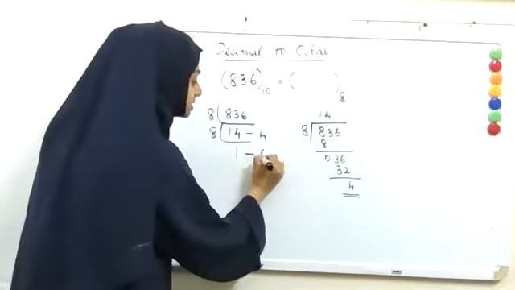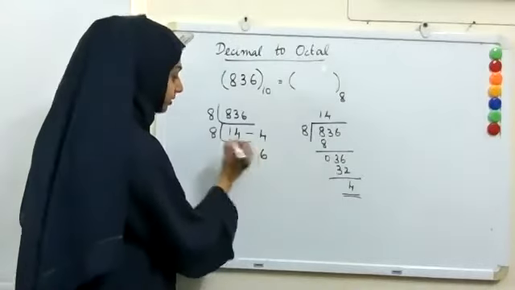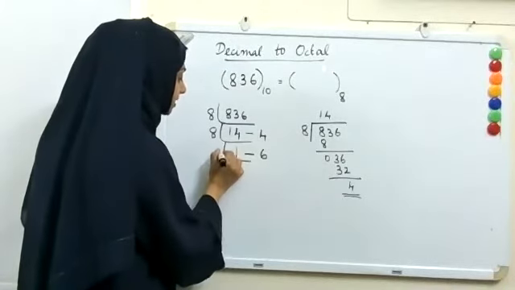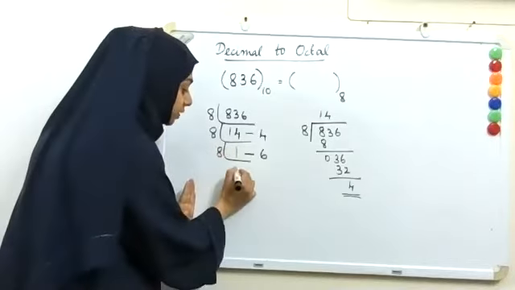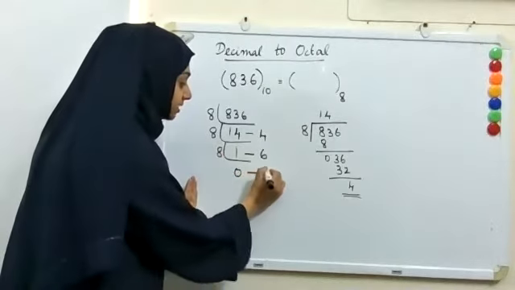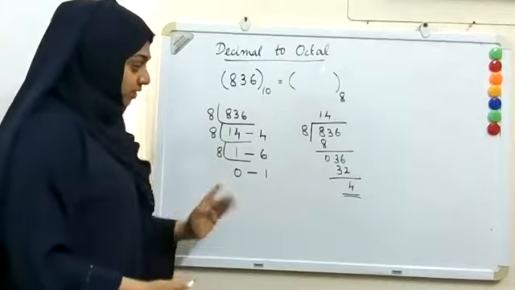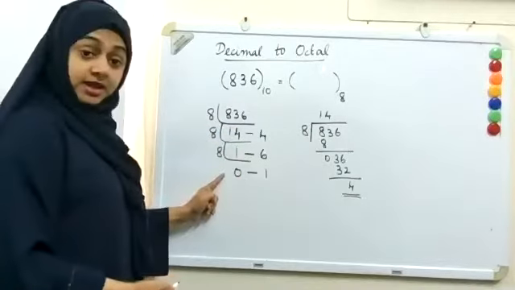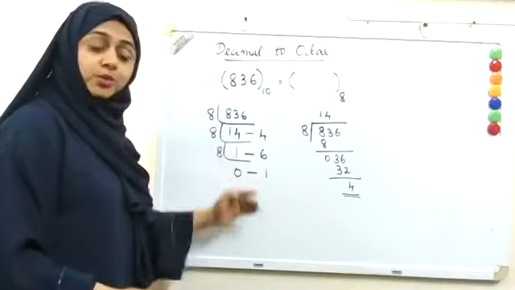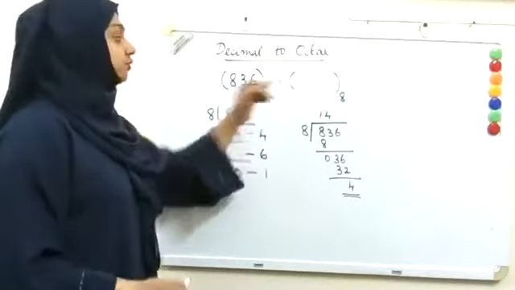So 6 is the remainder. Again divide it by 8. It will not go in 8, so the quotient is 0 and the remainder is 1. So we successively divided it by 8. And from where to where, 1 to 4 or 4 to 1, should I write here?